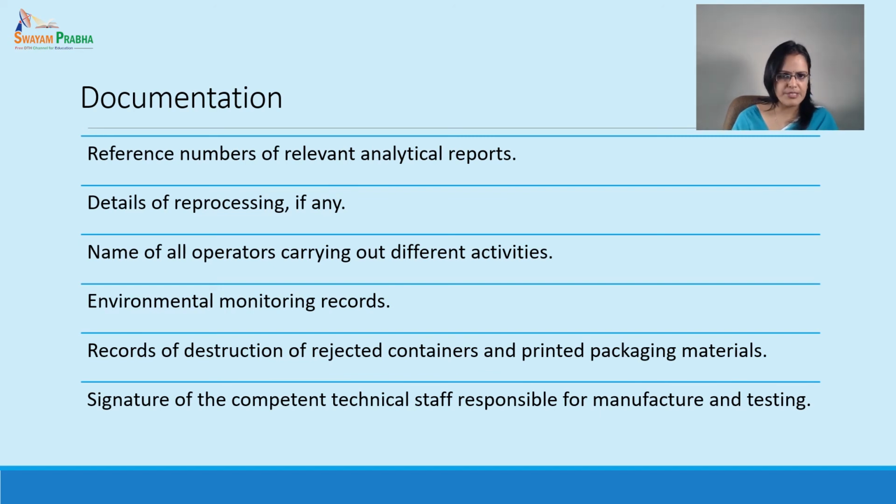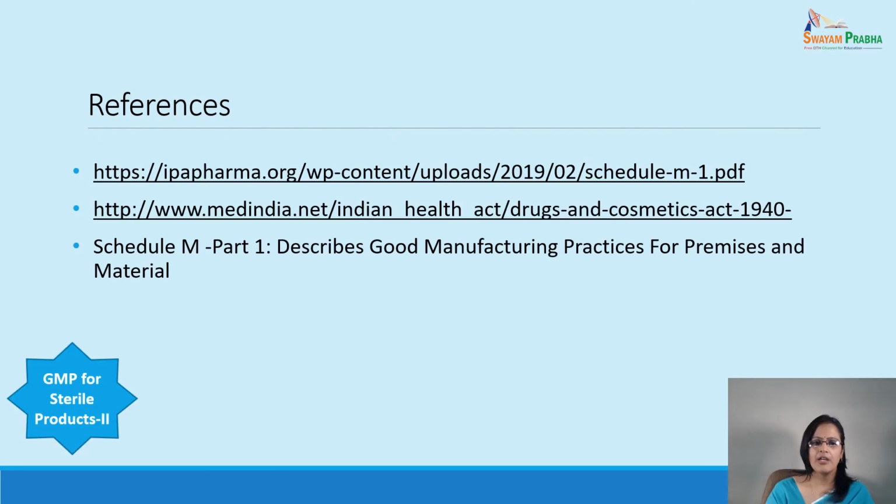That means the specimens of the assembly, records of destruction of rejected containers, signature of the competent technical staff responsible for manufacture and testing. So dear students, all these things should be written and documented.